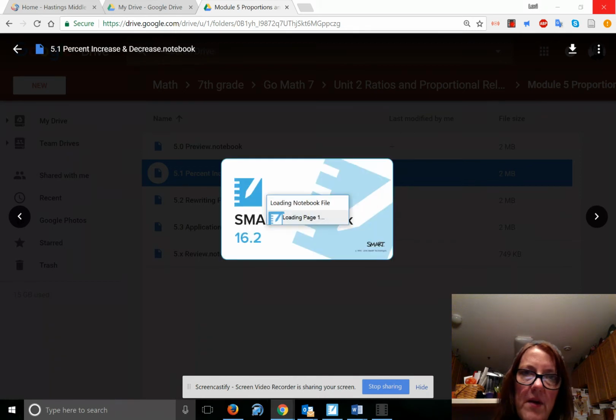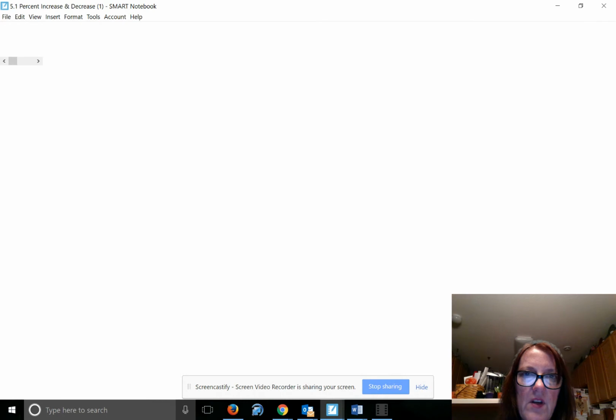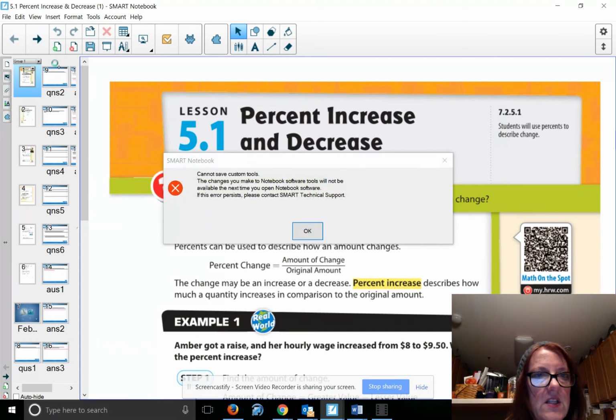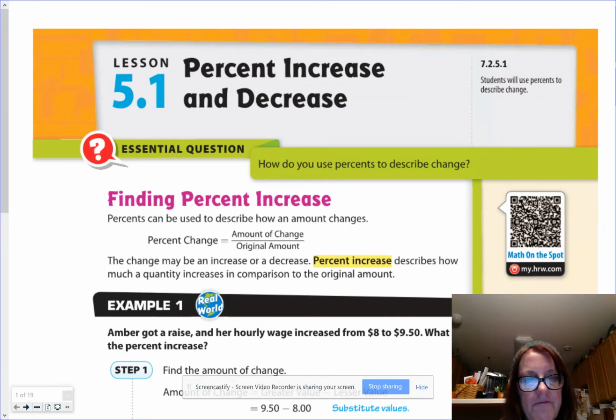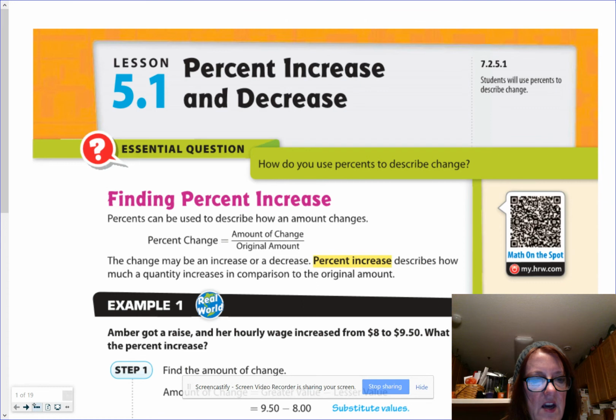So when they're talking about the percent of increase or decrease, I want you to notice the formula way of explaining this. Take a look at what we're comparing. We usually have a starting number and an ending number. First figure out how much it changed from the beginning to where it is now.